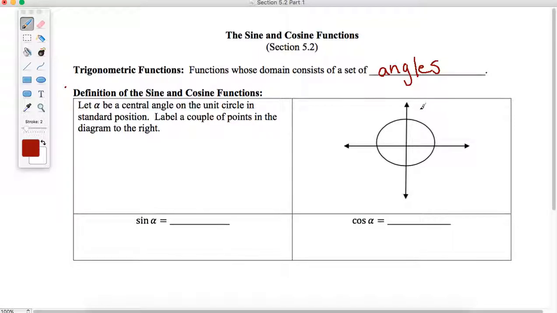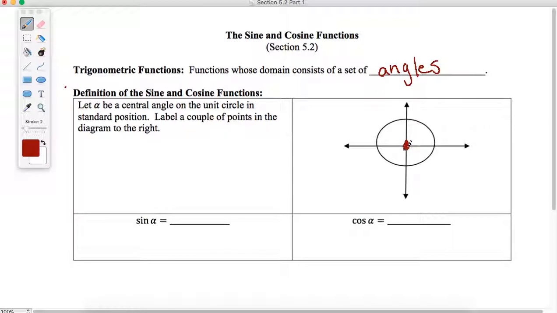So let's talk about the definition of the sine and the cosine functions. I'm going to let alpha be a central angle on the unit circle in standard position, right? And so if it's a central angle, that means its vertex is going to be at the center of the circle. And if it's in standard position, that means its vertex is on the x-axis at the origin, and its initial side is on the x-axis.